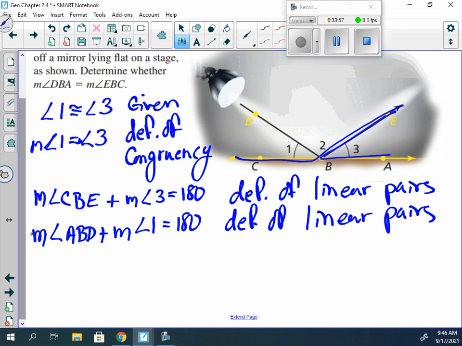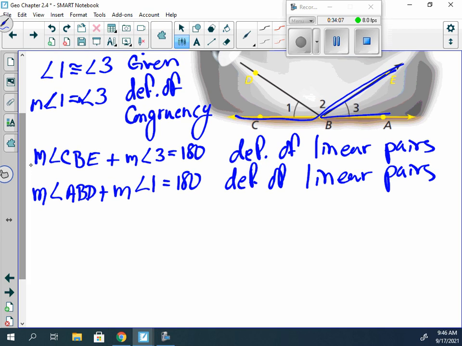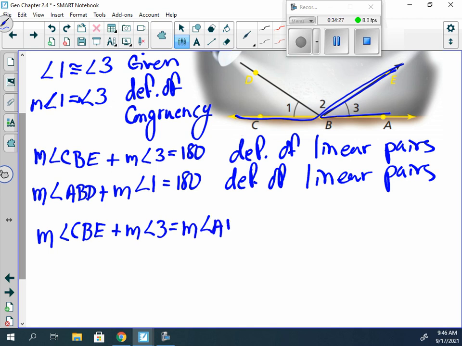Linear pairs are the ones that make a straight line. Vertical angles are the ones that cross. It really must be a Friday. Now, I do know that both of these are equal to 180, yes? So by the transitive property of equality, I can say that the measure of angle CBE plus the measure of angle 3 is equal to the measure of angle ABD plus the measure of angle 1.